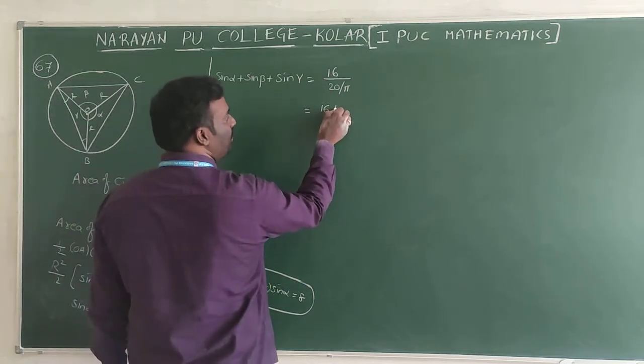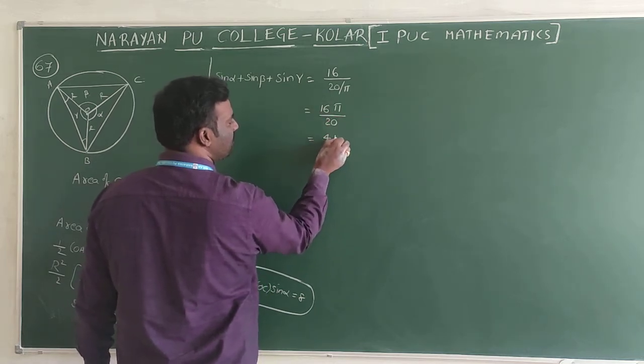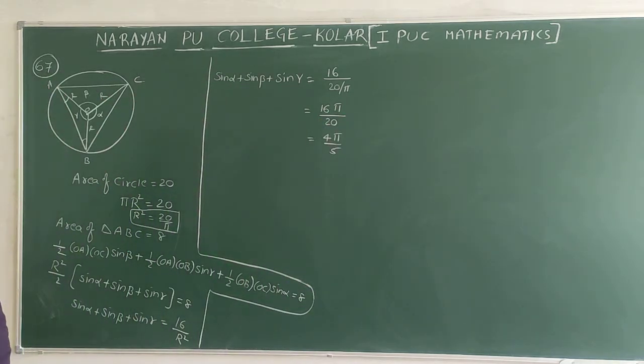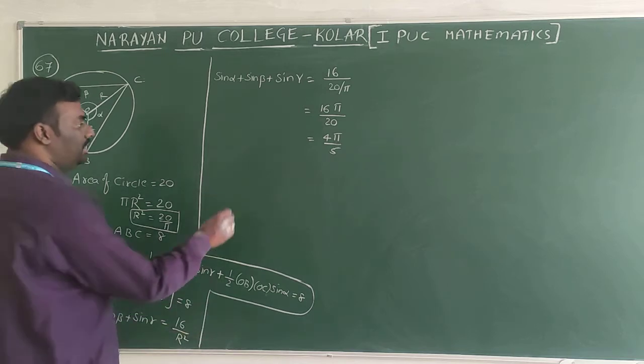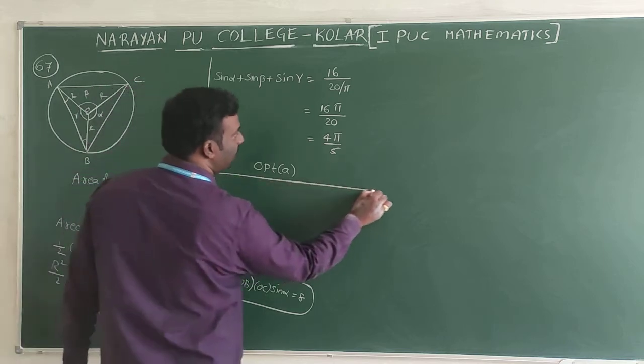So pi will go to the numerator, 16 pi by 20. Now 4 fours, 4 fives. So finally we got sin alpha plus sin beta plus sin gamma equals 4 pi by 5, that is nothing but option A is the correct answer.